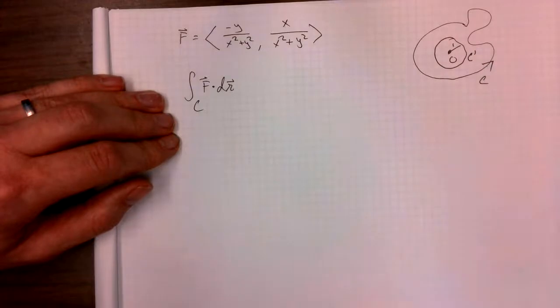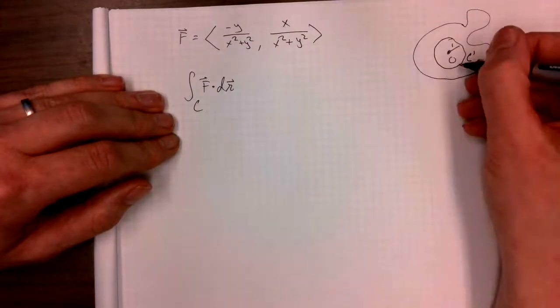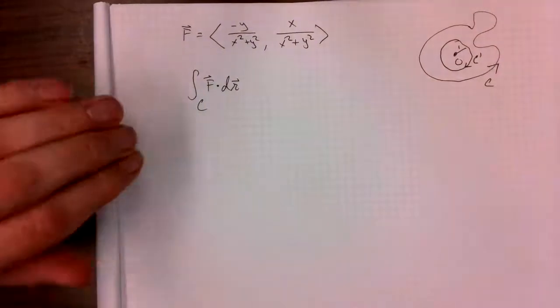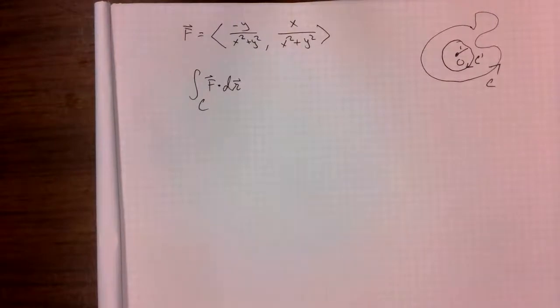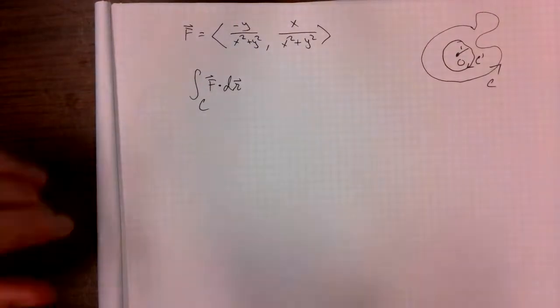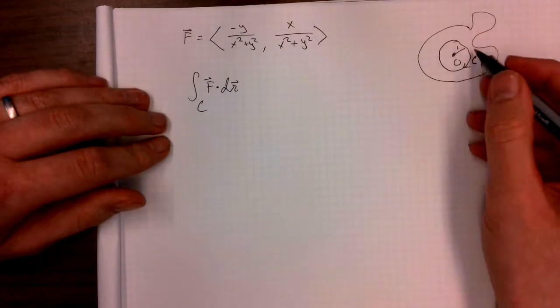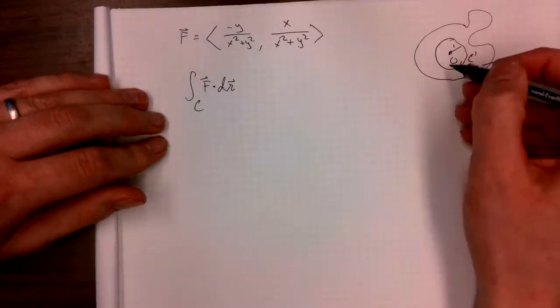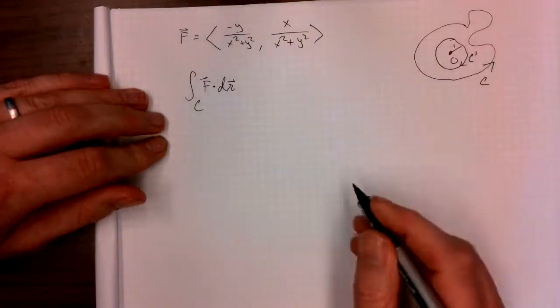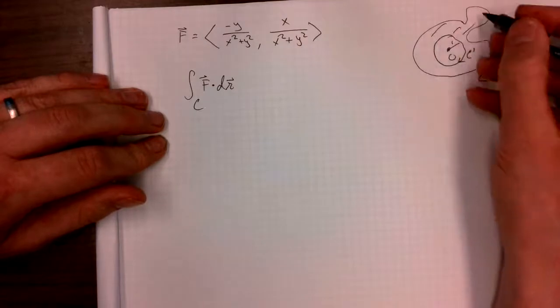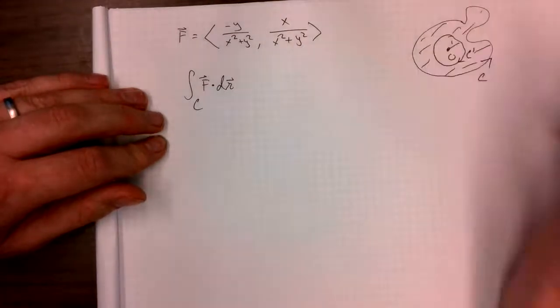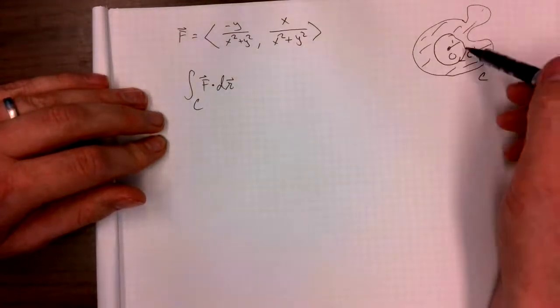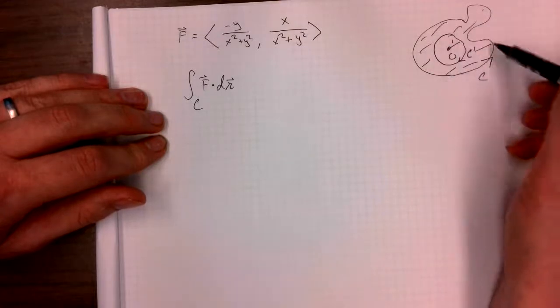Now, what we could do is integrate it like this, right? In the opposite direction, right? Now I have a region in between, and I have this nicely oriented boundary.